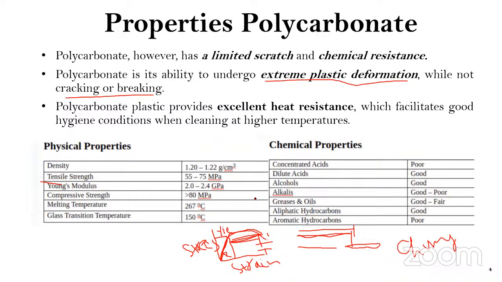Generally in the market, polycarbonate is always compared with polymethylmethacrylate, because polymethylmethacrylate has the same kind of properties and features as polycarbonate. But polycarbonate gives you more advantages because it has very limited scratching and a very high impact strength compared to polymethylmethacrylate.